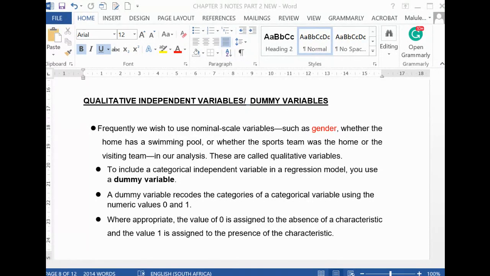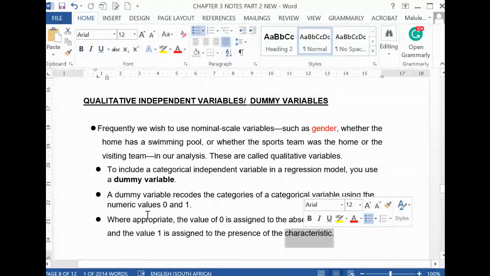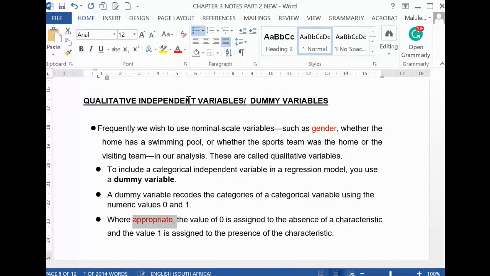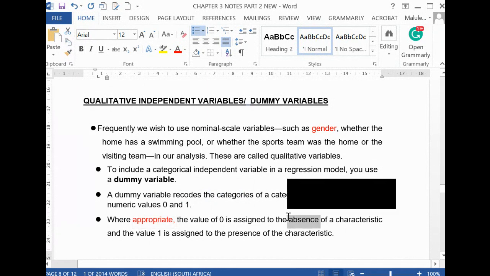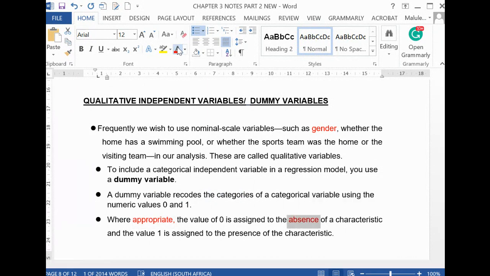This is the statement that I was saying. It's very, very important. I said, when appropriate, or when it's necessary, the value 0 is assigned to the absence of something. Like in our case, if the house does not have a garage, we'll put 0.